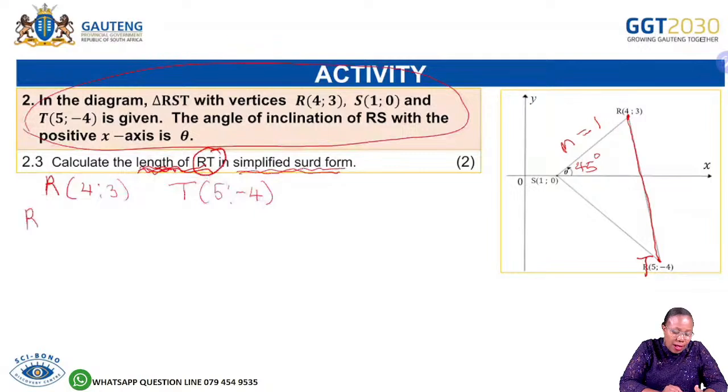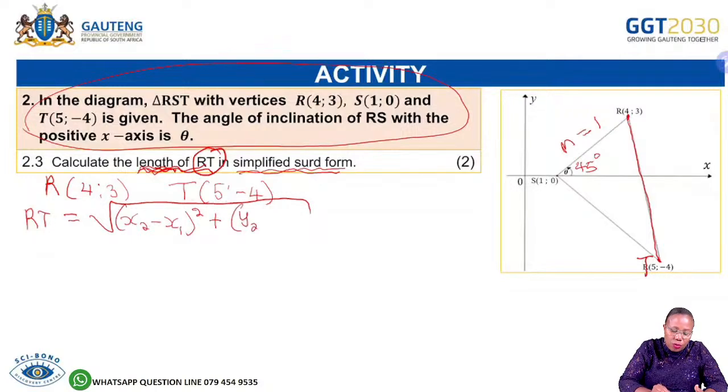So we'll be having RT is equal to, the formula states that you are looking at the square root of x2 minus x1 squared plus y2 minus y1 all squared. This formula is available on your formula sheet. The only difference is that it is written D there to show it's a distance. So yours must be specific that you are calculating the distance of RT there.